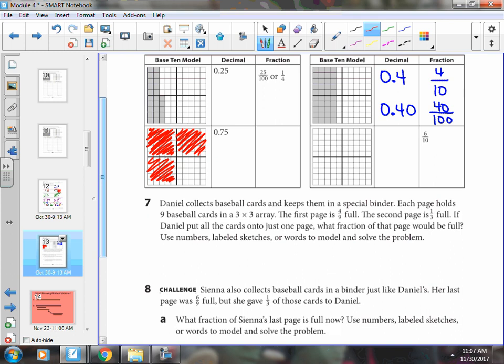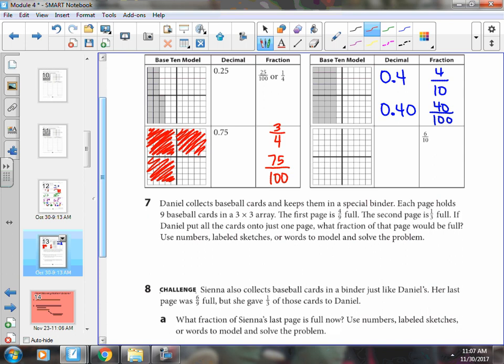And I can think of 2 fractions. Probably the first one people are thinking of is 75 hundredths, right? 75 out of 100. And hopefully some people are also thinking that's the same thing as 3/4 of the picture. They might even think, well, 3/4 is 75 cents, so it's 3/4 of the picture.